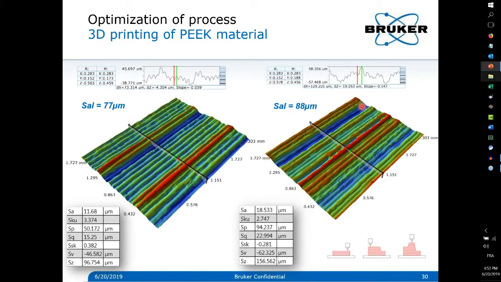The last example is about additive manufacturing. Here we have an example of 3D printing of polymers through a hot nozzle, and this nozzle will build up the part step by step. If you look at the side, what you will see is a regular spacing of lines. However, 3D printing, especially for PEEK materials, is pretty challenging.